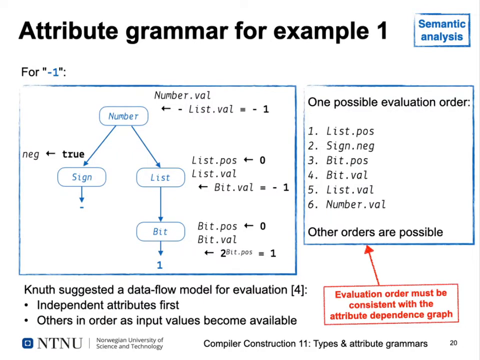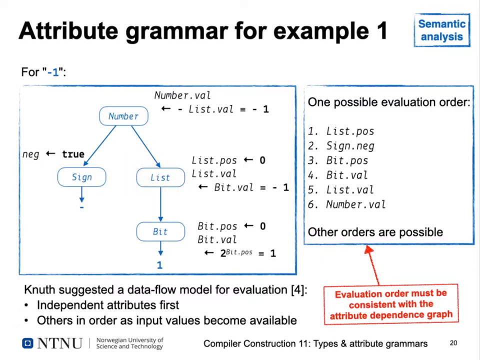So this would be our syntax tree for example 1 with added rules for our attributes. For -1 we go down from number to sign. Sign reads our minus token, so the return attribute of sign is neg, and negative is true because we have a negative number, and this is handed to number. On the other hand, we must go down to list.